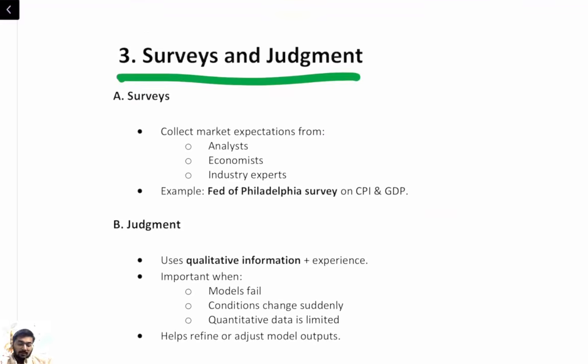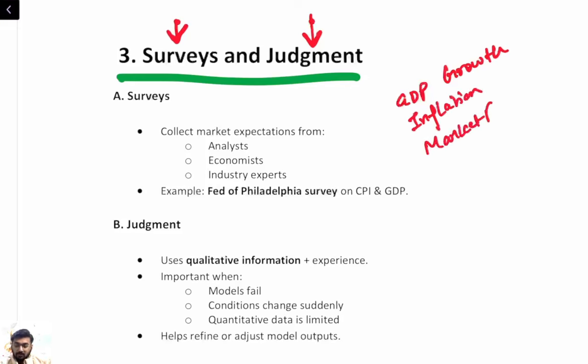Similarly, we have two other ways of finding out information about the future: survey, or you can trust judgment and expert experience. When I say survey, here the analyst will ask experts, economists, fund managers and analysts for their opinion about GDP growth, inflation, market returns and interest rates.